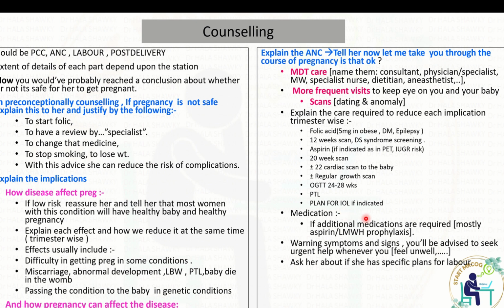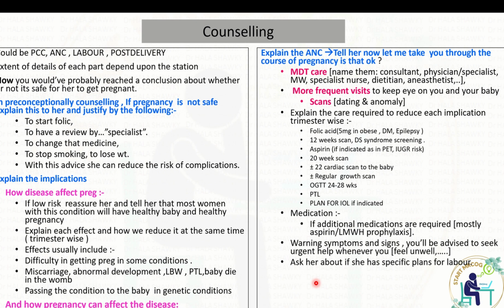In addition to the medications specific for the condition, we have additional medications like aspirin and low molecular weight heparin prophylaxis. VTE risk assessment should be done in all stations, whether antenatal, early pregnancy, labor, delivery, or postnatal. And the warning symptoms and signs could be applicable.